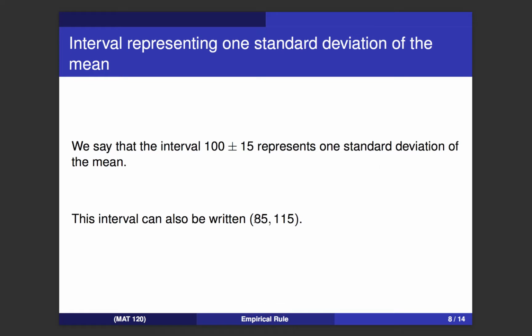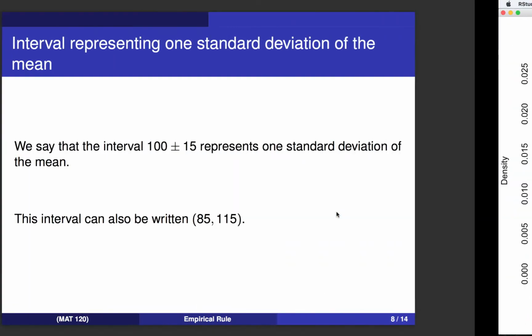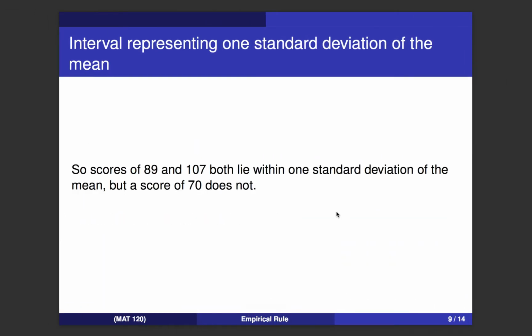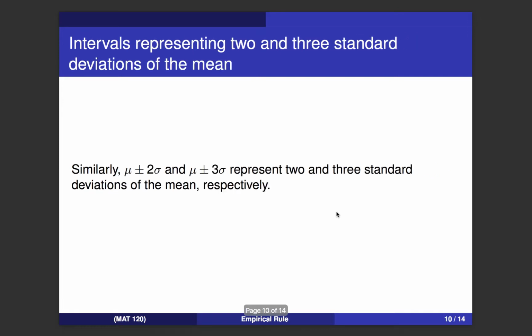So that interval is from 85 to 115. Any number between 85 and 115 will be said to be within one standard deviation. So 89 and 107 are both within one standard deviation, but a score of 70 does not lie within one standard deviation.